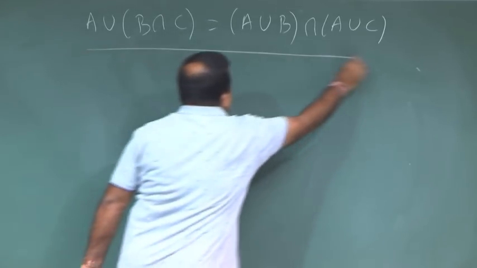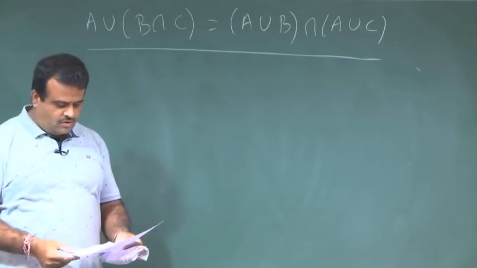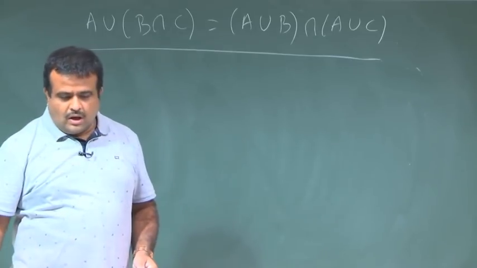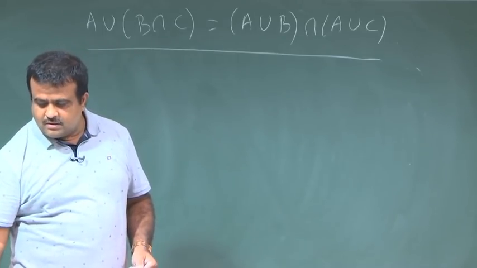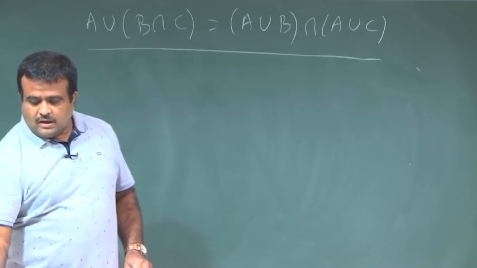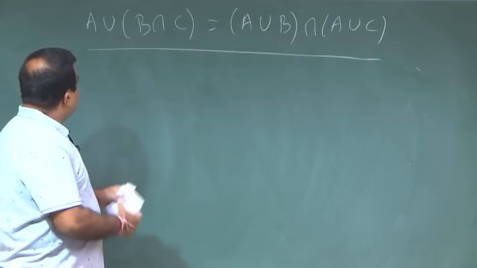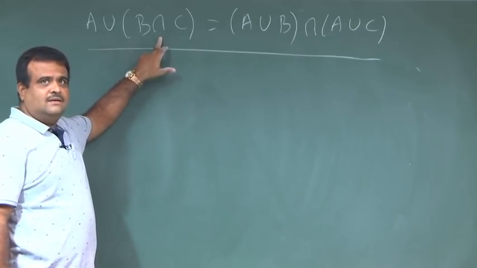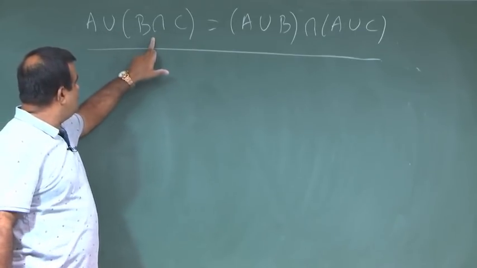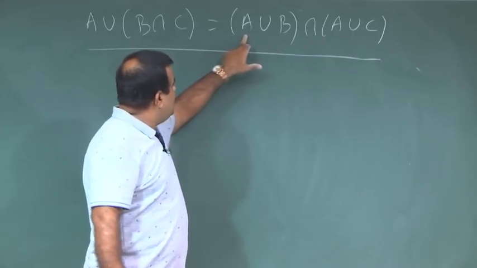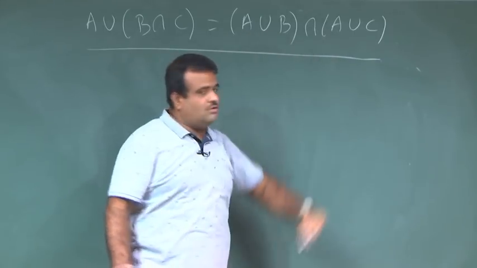So, now how to prove this property? We are going to prove this property. Here we have union, here we have intersection, then it will be A union B intersection A union C.